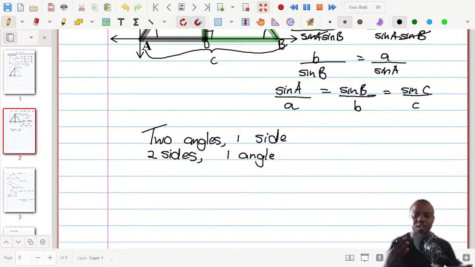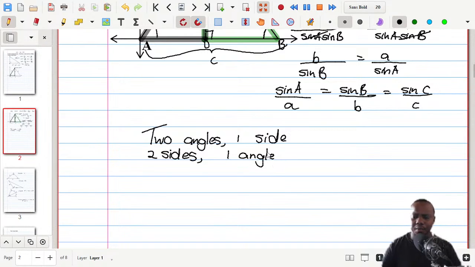Remember earlier we said using Pythagoras theorem and the trig ratios, you can only calculate sides and angles of a right angle triangle. With this approach, you can actually calculate the sides and angles of a triangle which is not a right angle triangle.